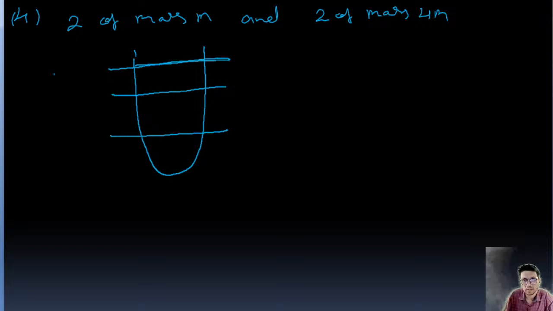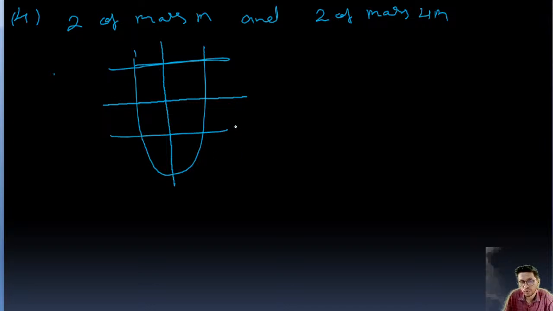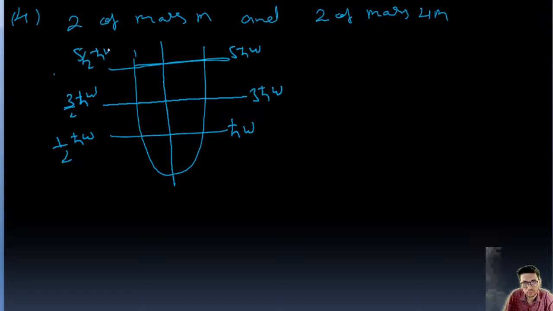The spacing is equal guys, in a 1D harmonic oscillator. So this is again for the 1D harmonic oscillator, for the 4m mass, the ground state energy is going to be ħω, 3ħω and 5ħω, and so on. And for the particle of mass m, it is ħω/2, and this is 3/2 ħω, and this is 5/2 ħω, right?